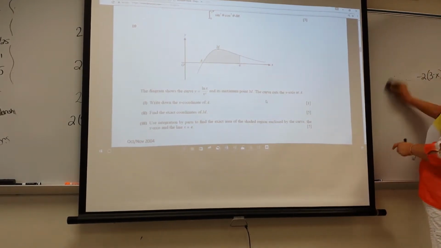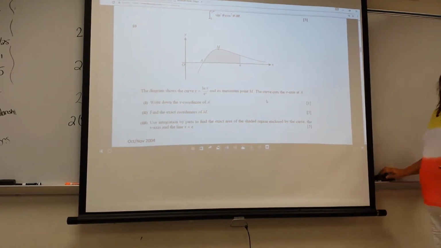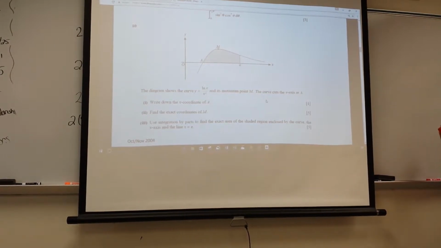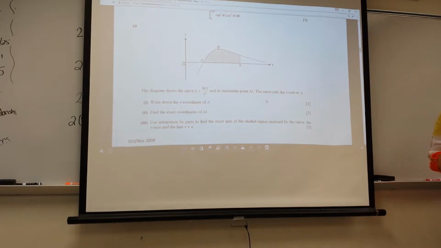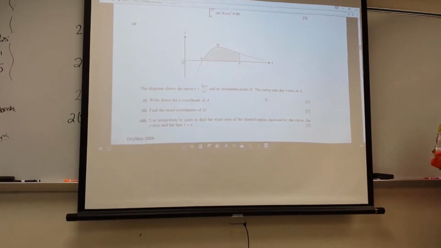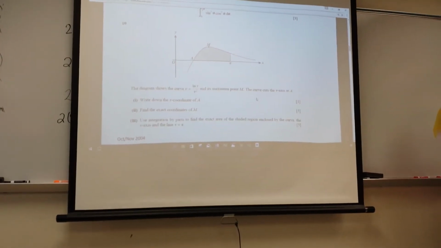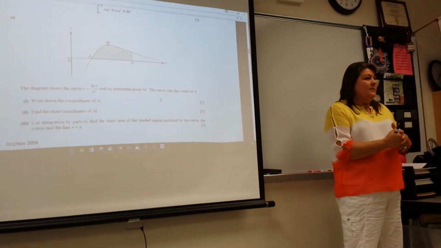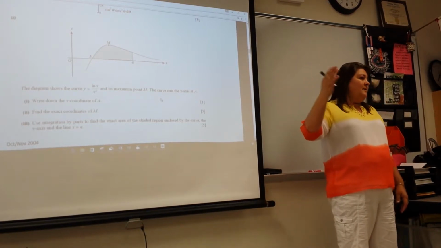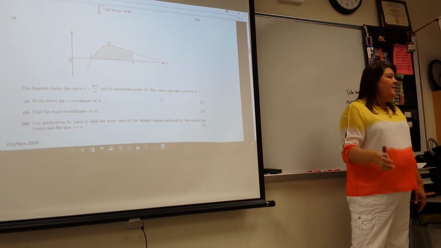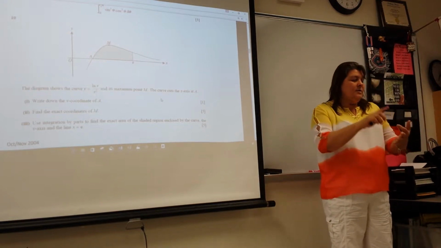You have to use the second derivative in order to find whether it's the max or the min, but they tell you it's a maximum point, so you don't have to worry about it. But there's something called the second derivative test. You take the first derivative and find its critical points: take the derivative, set it to 0, solve for x.